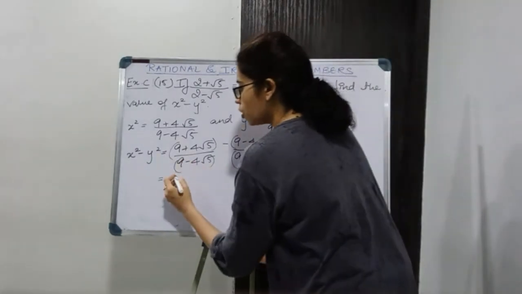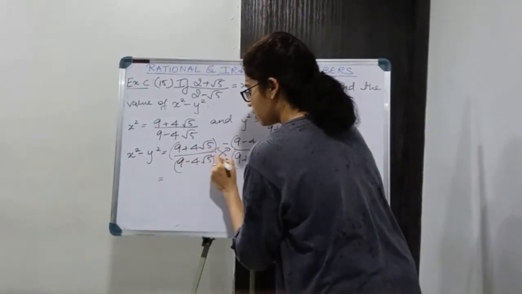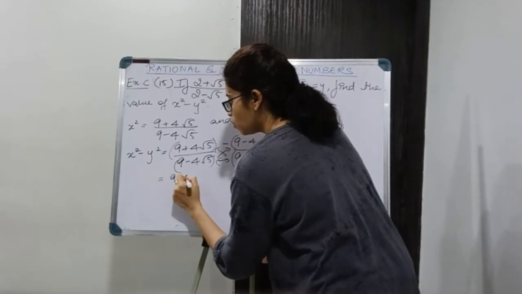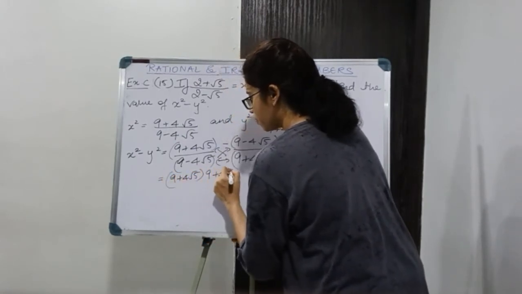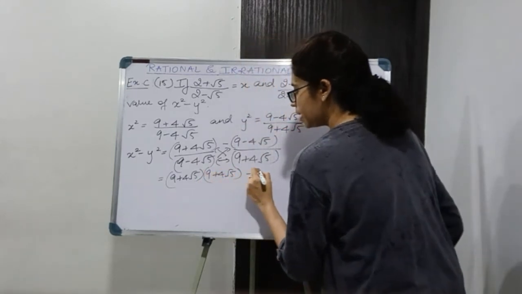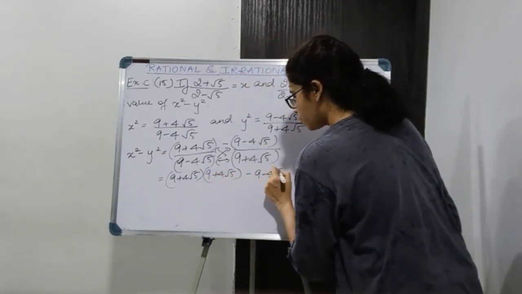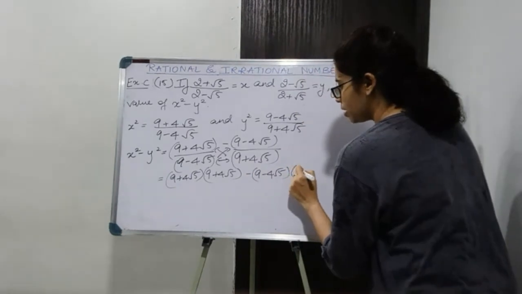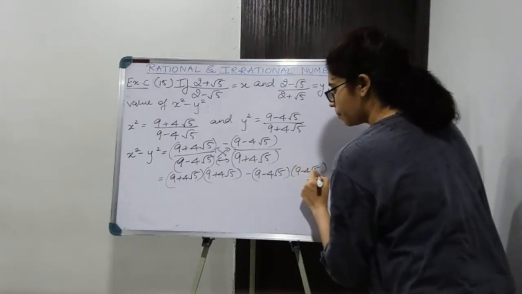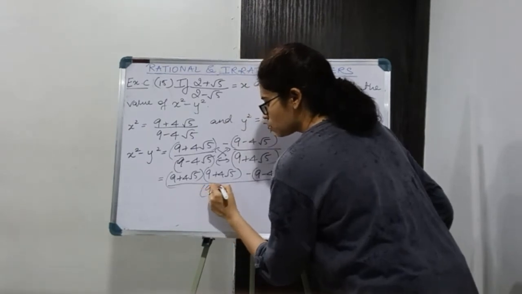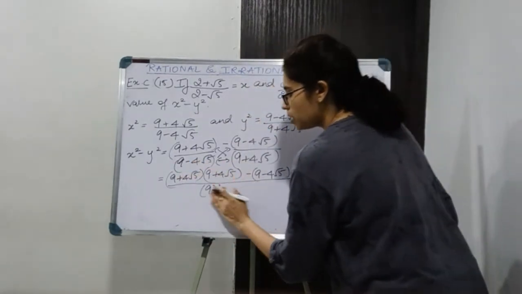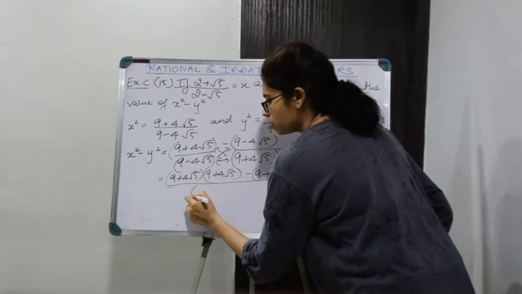So this will be easier method. Okay. So on cross multiplying we get 9 plus 4 root 5 into 9 plus 4 root 5 minus 9 minus 4 root 5 into 9 minus 4 root 5, upon, this will be of the form a minus b, a plus b. Okay, I'll show you.